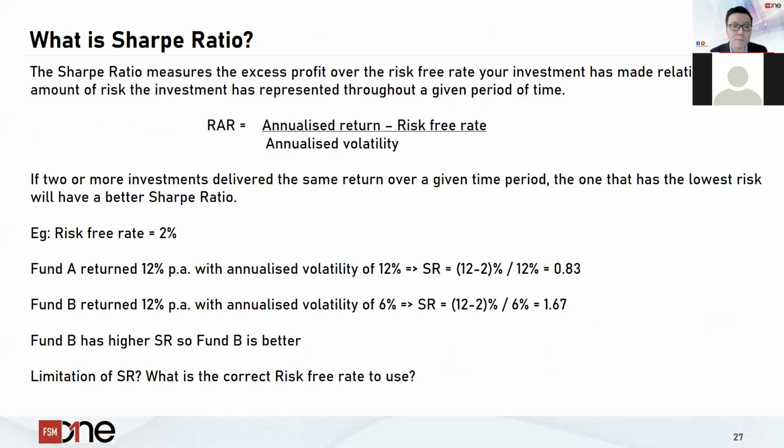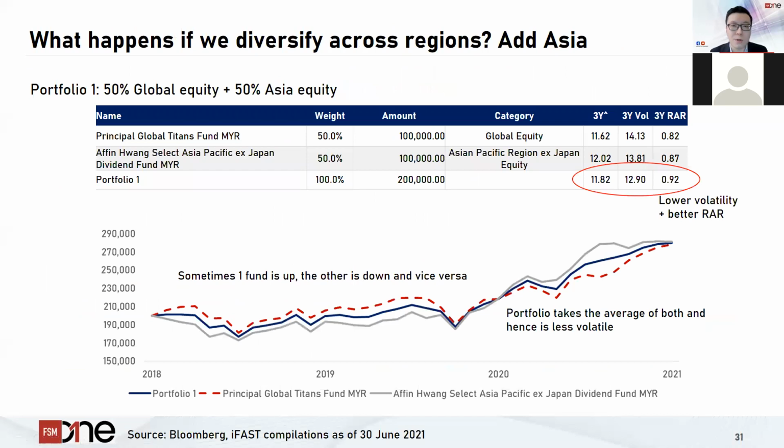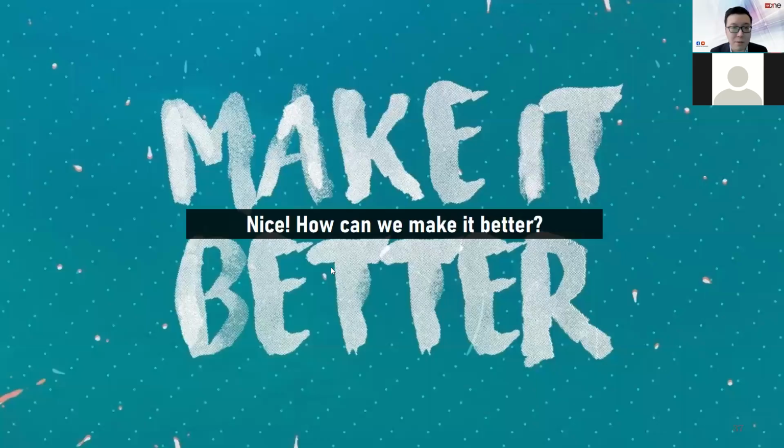And for investors who want to have a good sleep at night without much worry, a 50-50 portfolio of equity and bonds would be a good choice, right? So let's see the example here.